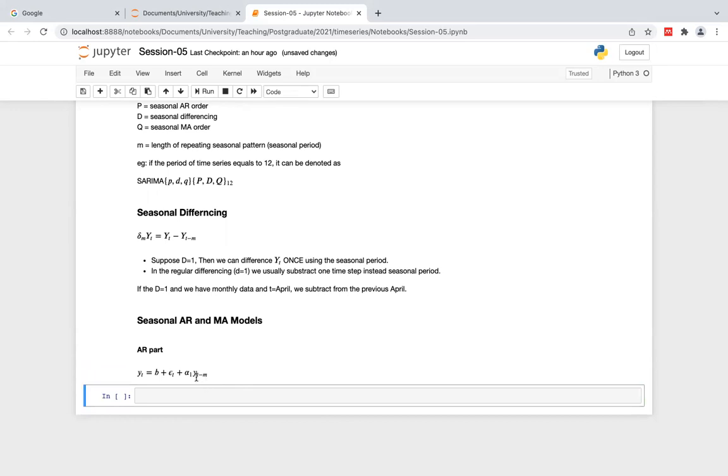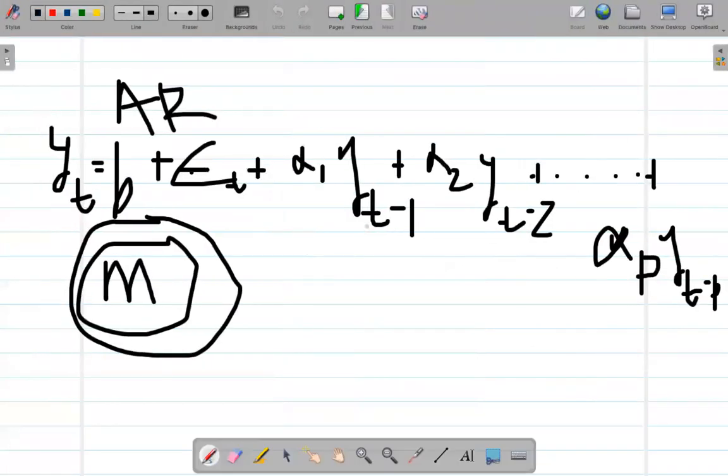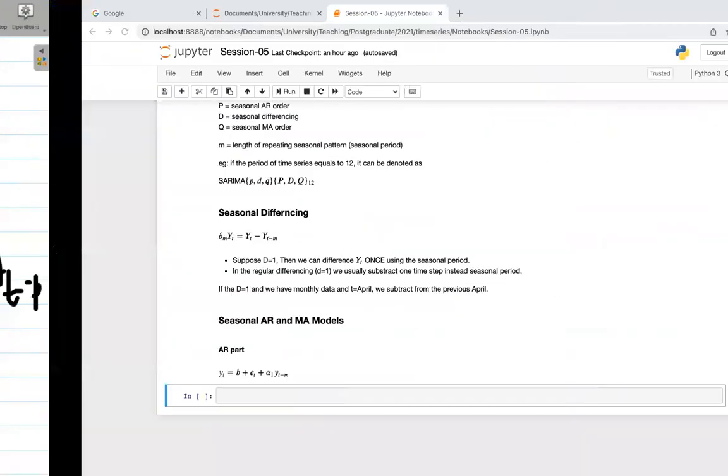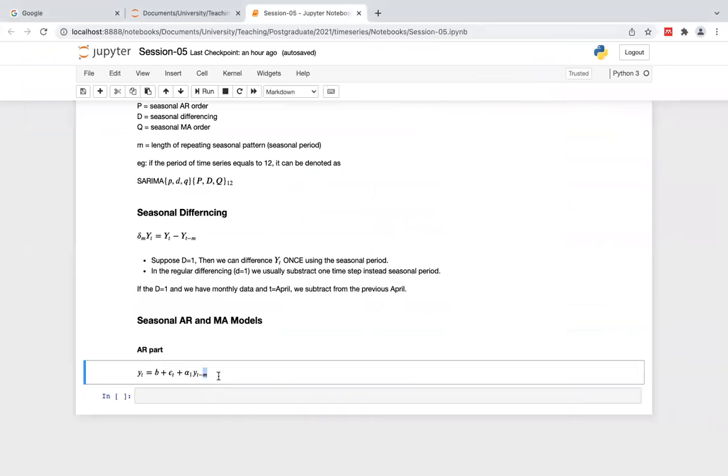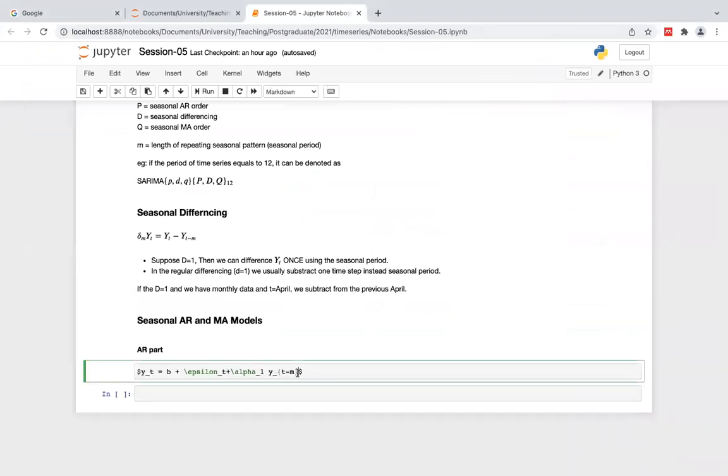Like this. Instead of this t minus 1, t minus 2, t minus 3, t minus 4, and so on, we have to replace this part with the seasonal time period with m. That's the only difference. Then if we write it further, it would be like this.